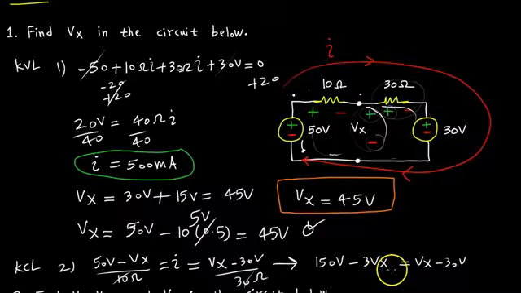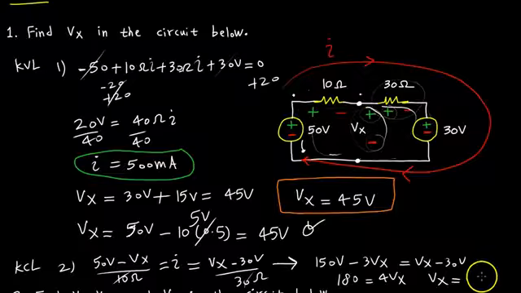Then I'm going to add 30 to the other side and get 180, and add 3Vx to the other side and get 4Vx. And once I do the division, 180 divided by 4, we should know that answer from trigonometry because of angles. That should be 45 volts.